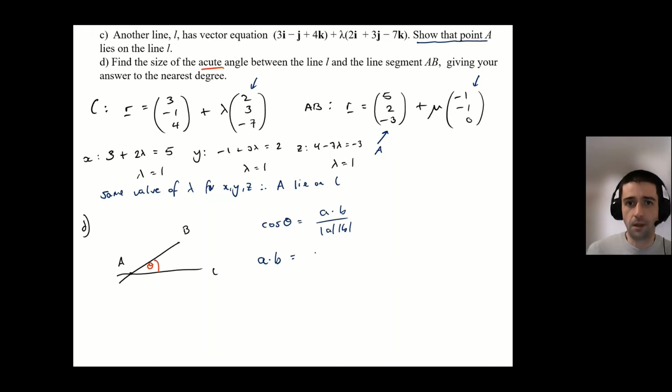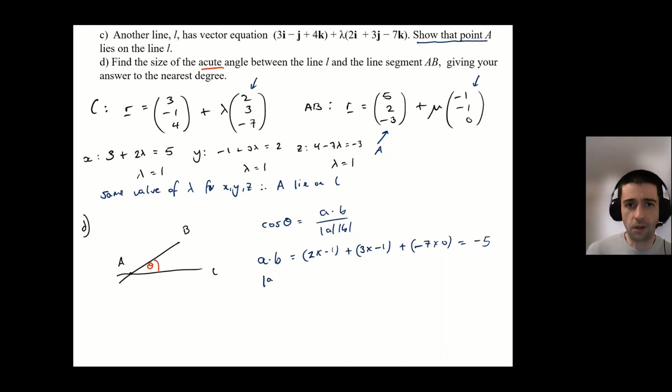So the dot product: multiplying the i components, 2 times -1, multiplying the j components, which is 3 times -1, multiplying the k components, -7 times 0, and finding the sum of those gives me the solution -5. So that's going to be the numerator of my fraction here.